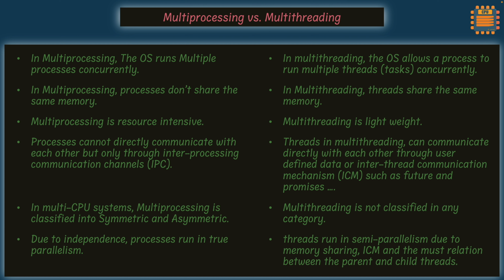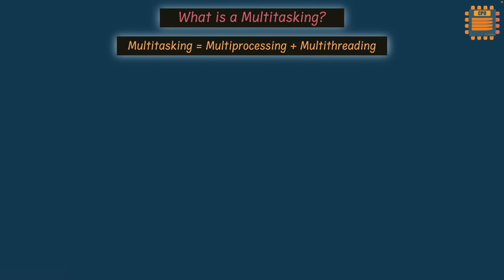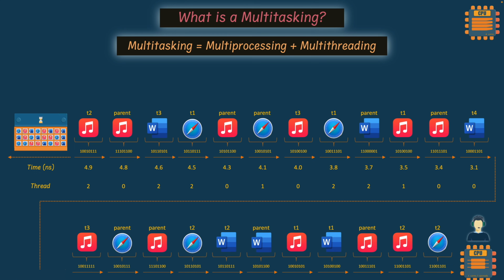By now, we have gained good knowledge about multiprocessing and multithreading, so we can derive multitasking from what we have learned. Simply put, multitasking is the combination of multiprocessing and multithreading. Considering the images we studied before, we can visualize multitasking as well.